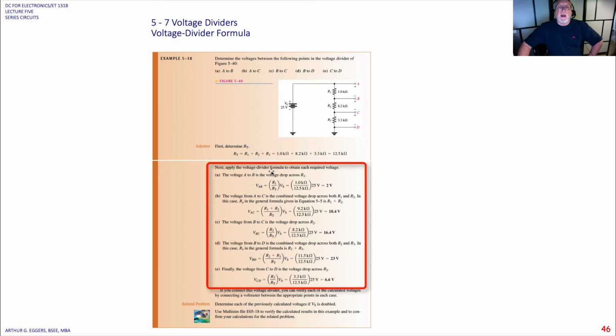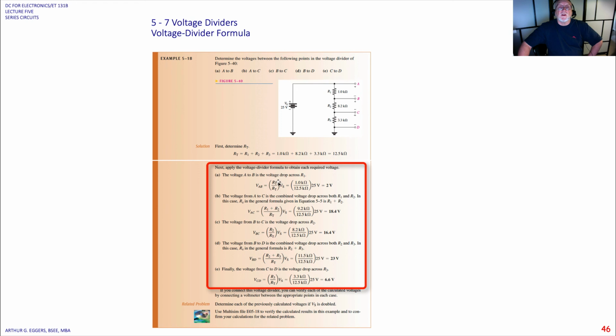And if we apply the voltage divider formula to each of the required voltages, now we're going to use a double subscript: voltage A to B, A to C, B to C, B to D, C to D. In each case, you'll notice in the numerator, we've done something a little different.